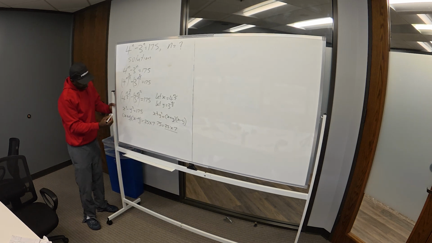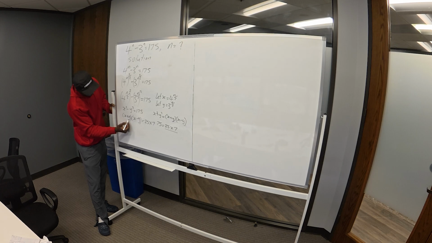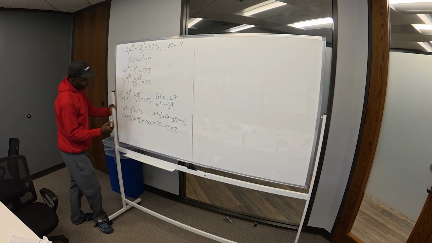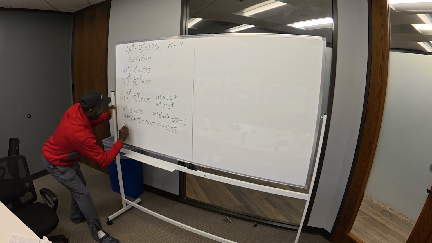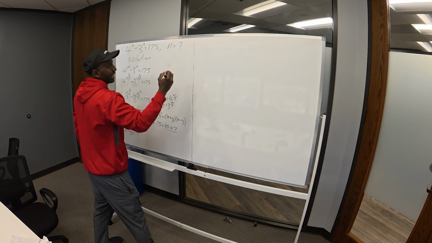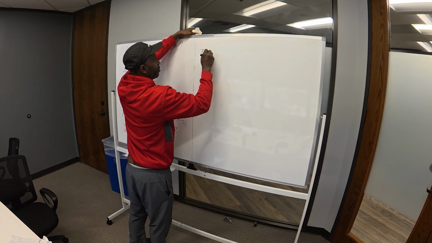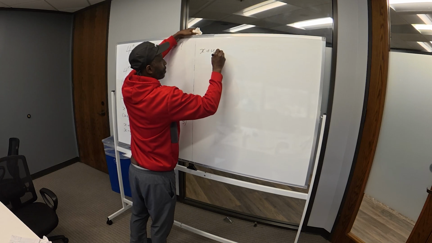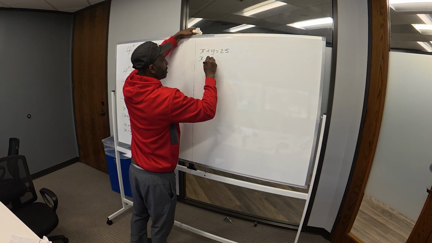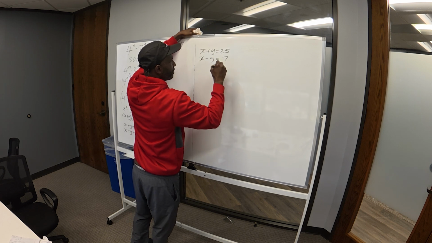Now, x plus y is bigger than x minus y. Therefore, x plus y has to be equal to 25, and x minus y has to be equal to 7. Let's say x plus y is equal to 25, and x minus y is equal to 7.